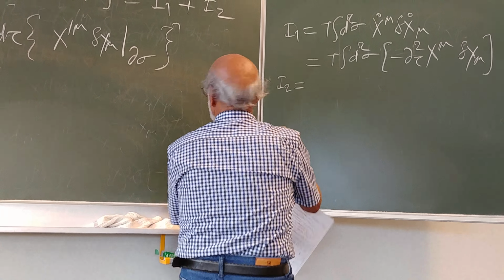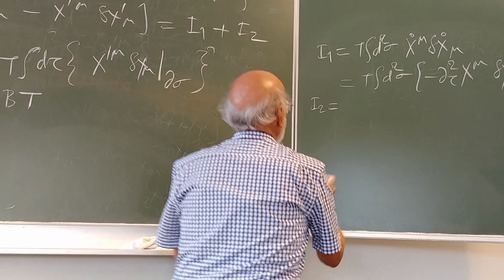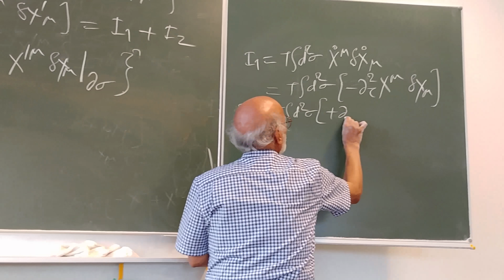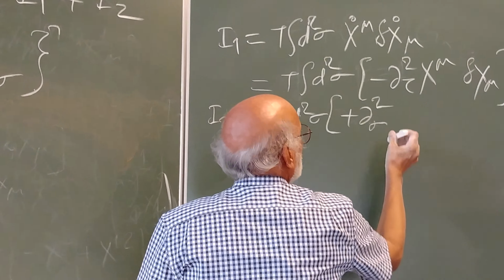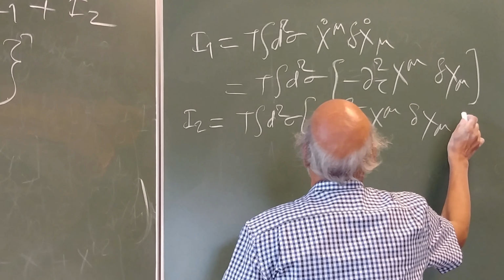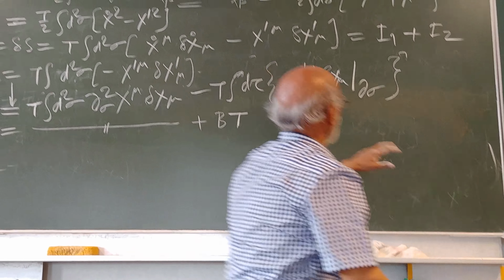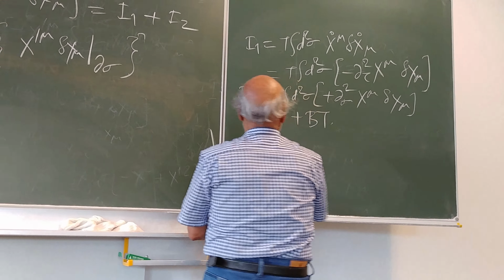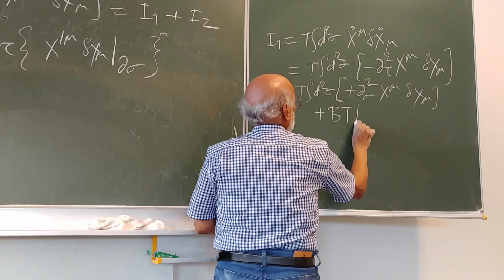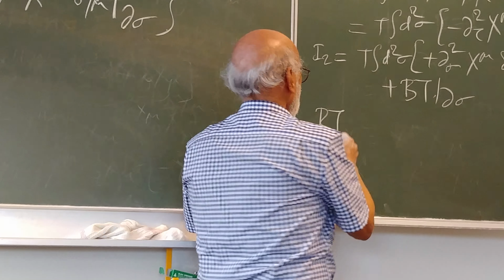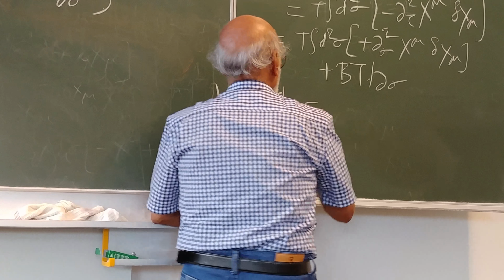So I2 is T d2 sigma into plus del sigma square x mu delta x mu, this, okay, plus boundary terms, the del sigma boundary terms. So we write the sigma boundary terms.